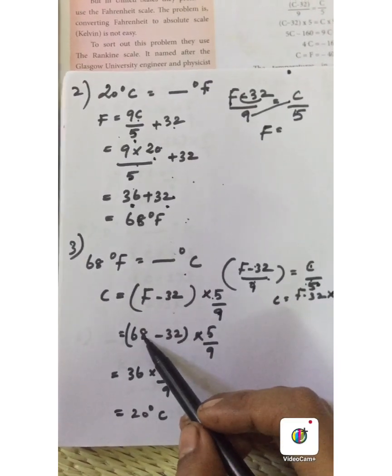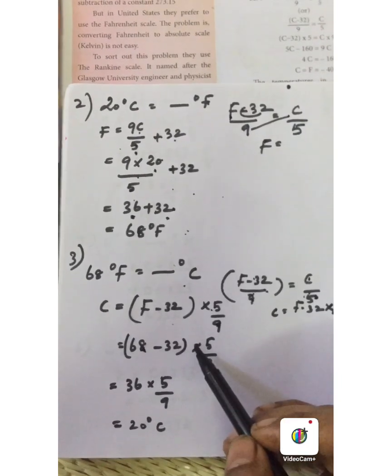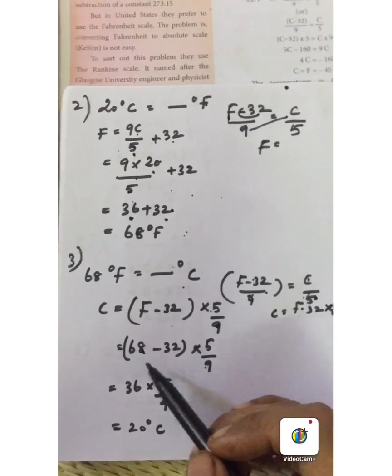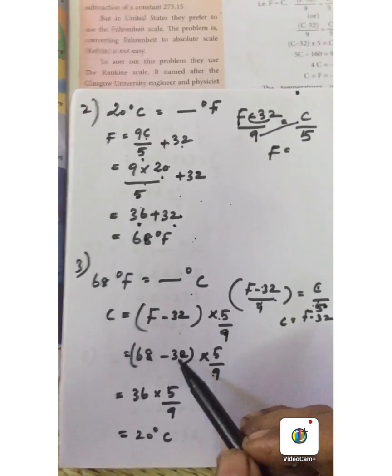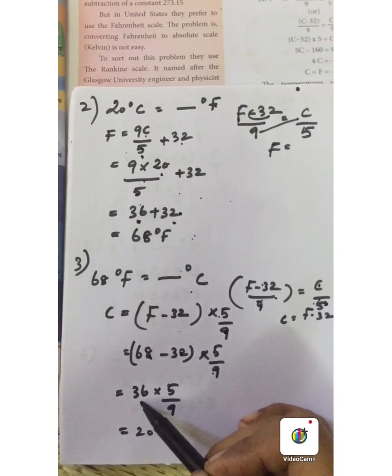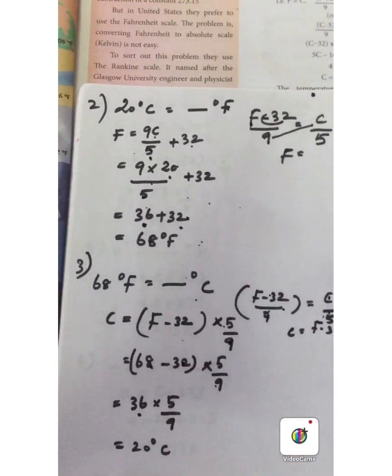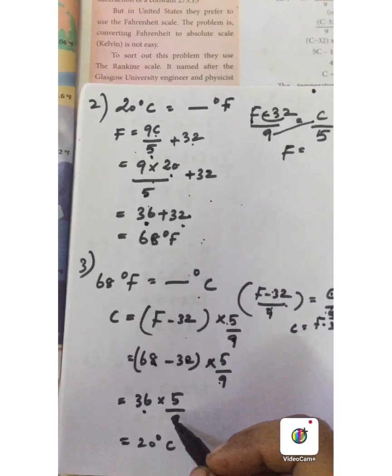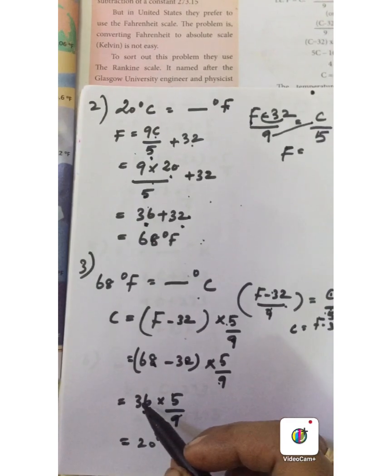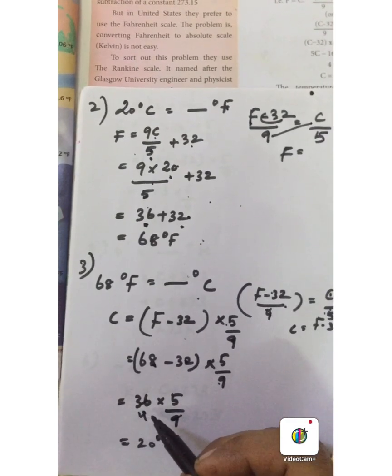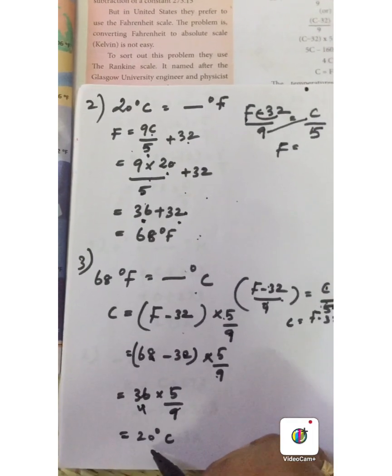Here the F value is 68, so (68 minus 32) into 5 by 9. 68 minus 32, the answer 36, into 5 by 9. Now we can divide the 36 by 9. 4 nines are 36. So 4 into 5, answer 20.